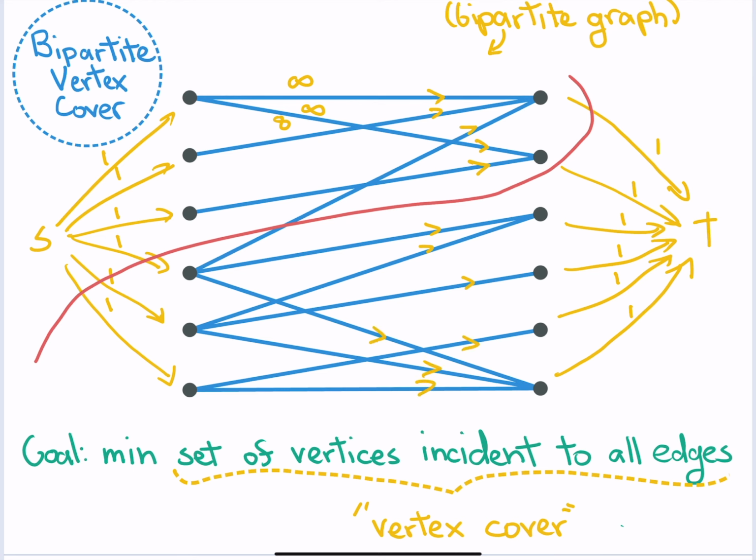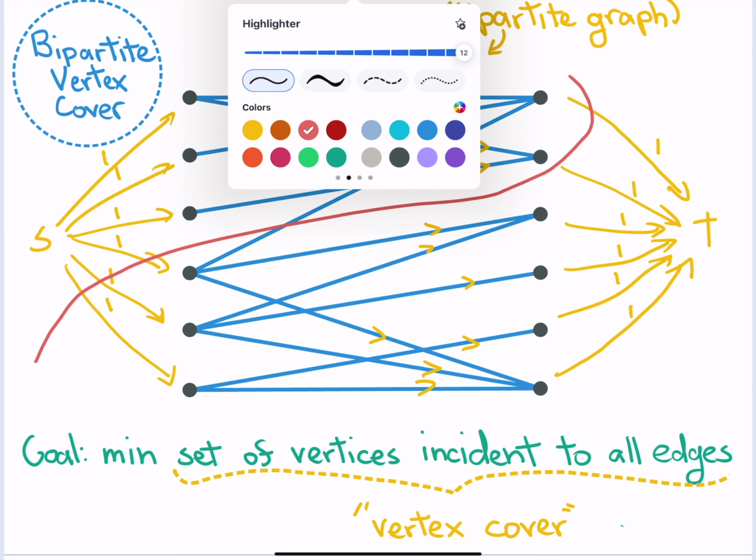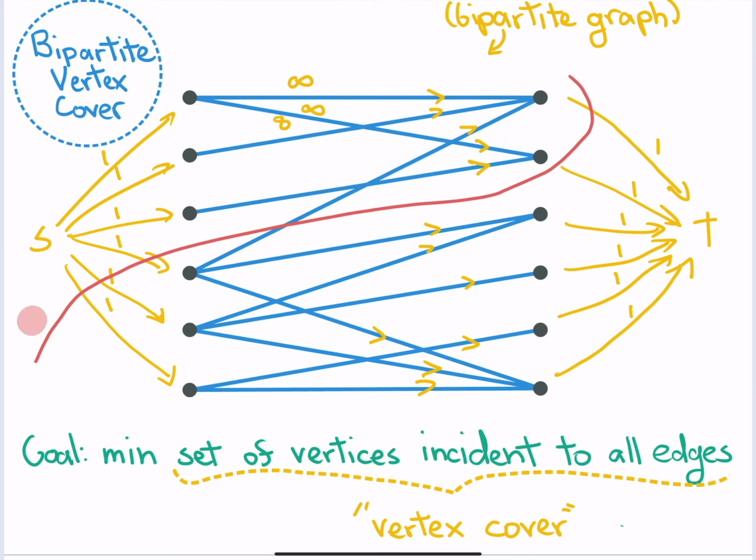Let me use a highlighter here. I'm only interested in the edges that are leaving that side of the cut. So now that I've erased a few edges, there are no blue edges that are leaving that side of the cut.